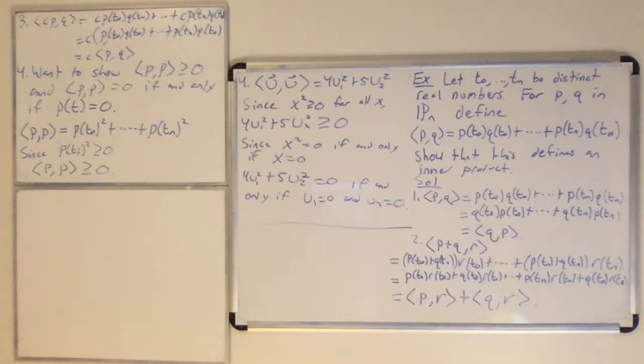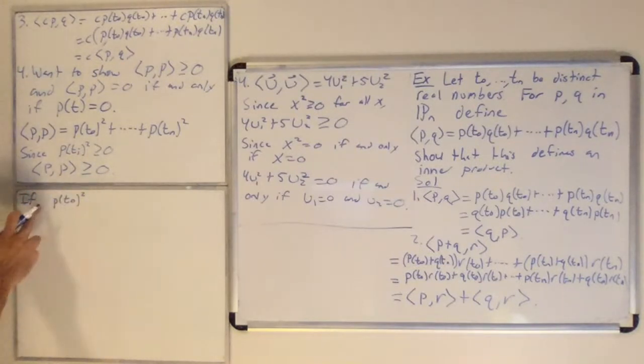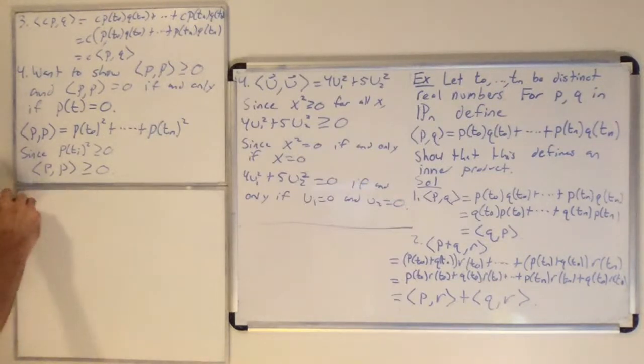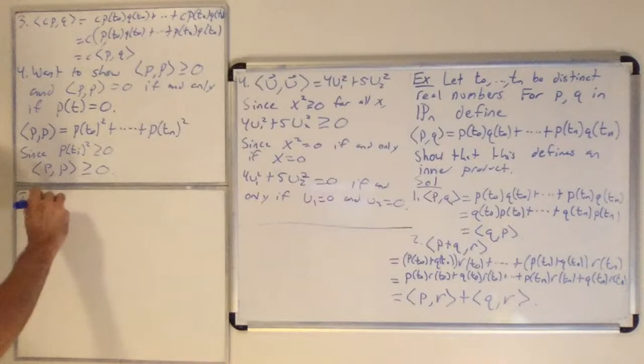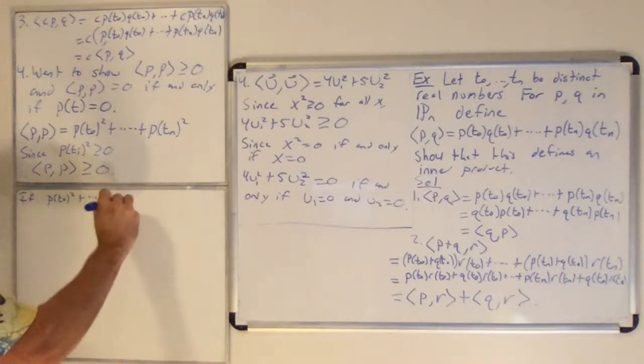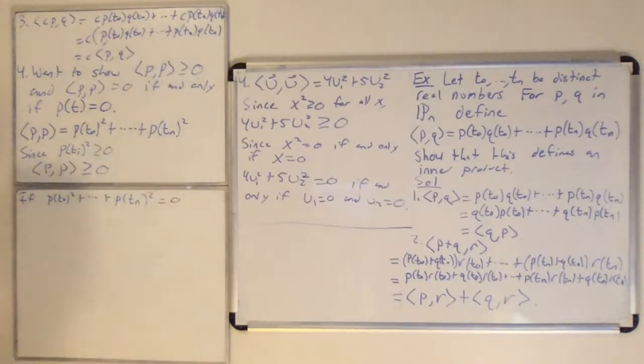Okay, so now my question is, why is it true that if this holds, then we must have the 0 polynomial?